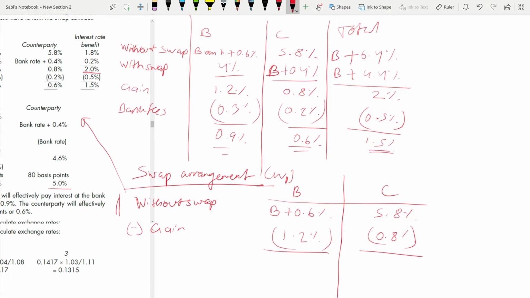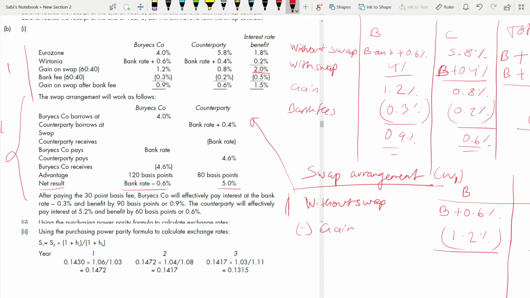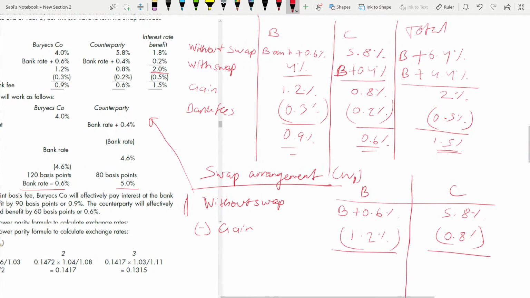Because if I don't show you how you got that net result, you will not understand how to do that table. That's why first I have to show you how to get this net result. Very important, because everything you do depends on that net result. At the end, whatever you do with that table, you have to get that net result. This is your working.